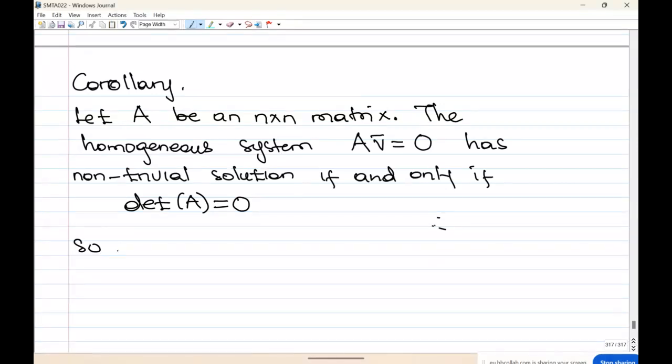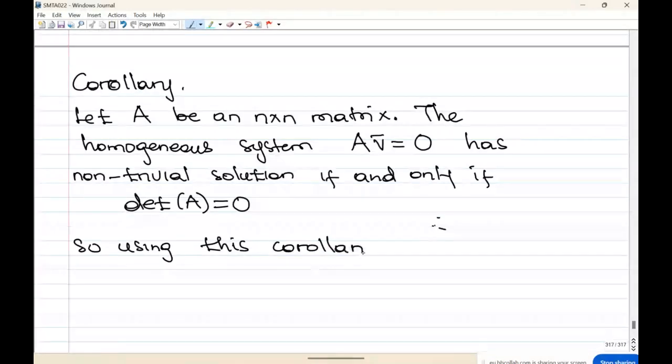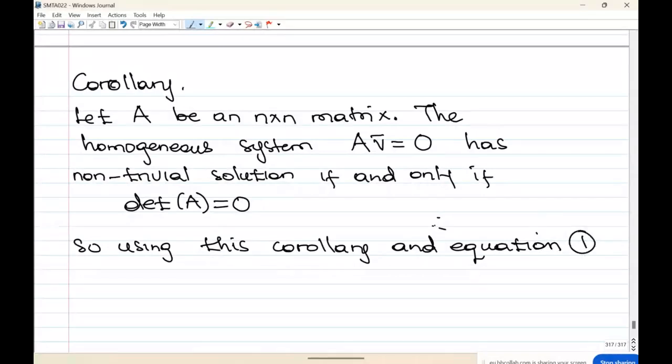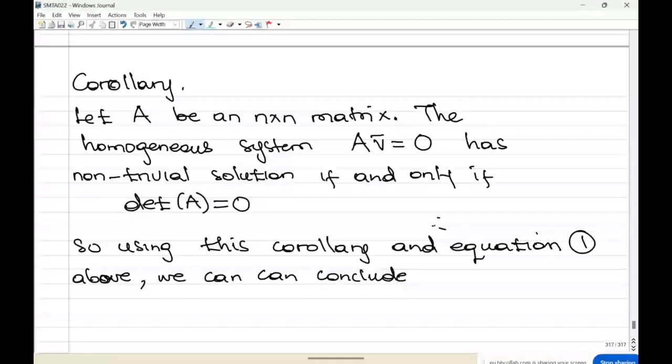Again, using this corollary and equation 1, remember what is equation 1 there? Equation 1 above. We can conclude, even though this one is just a repetition, we already know what a characteristic equation and polynomial are, colleagues.